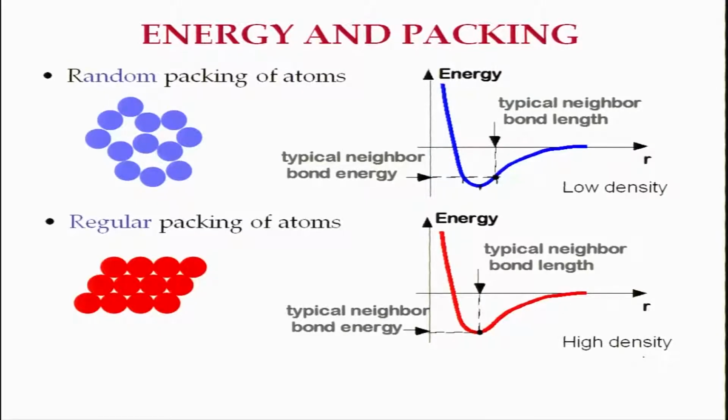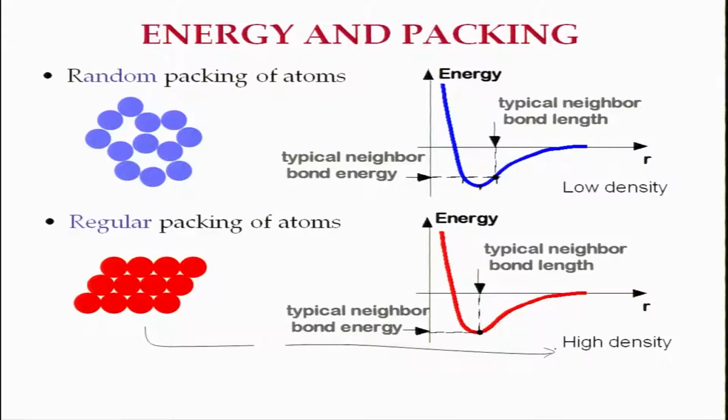So, consider systems in which atoms regularly pack themselves, which have a periodicity and the same configuration of each atom around each other, each atom within the lattice. Whether you look at this atom or this atom or this atom, all of them have the same neighborhood. In such systems, they have higher bond energy, better stability and high density. So, regular packing of atoms leads to high density.